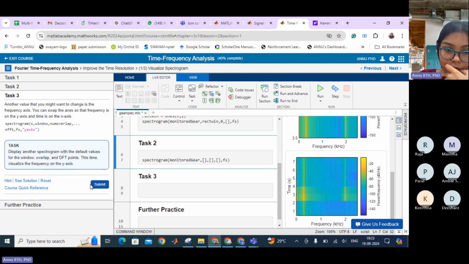Another value you might want to change is the frequency axis. You can swap the axes so that frequency is on the y-axis and time on the x-axis. Display another spectrogram with default values. This time visualize the frequency on the y-axis.